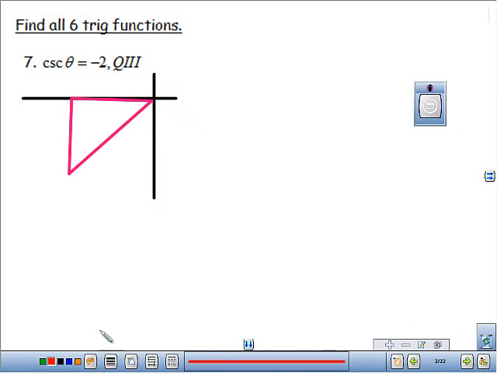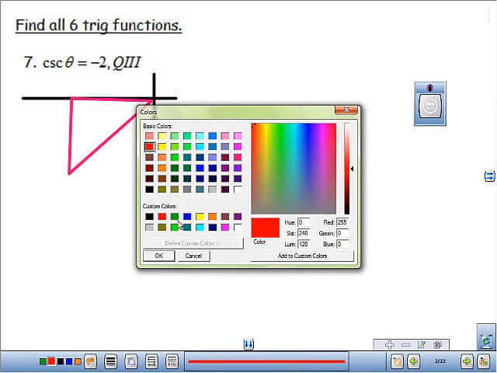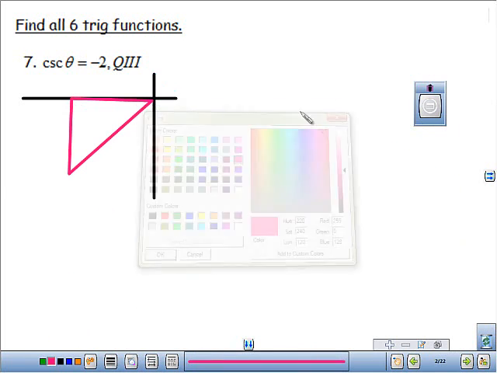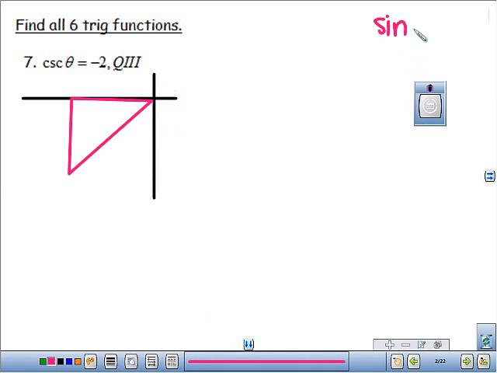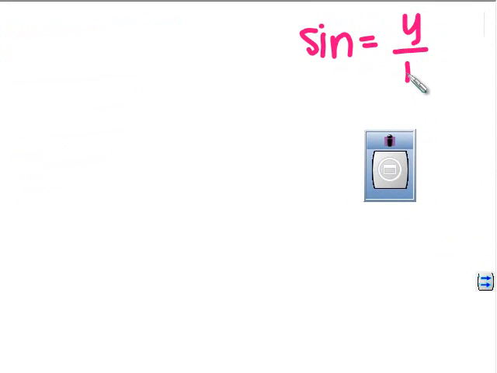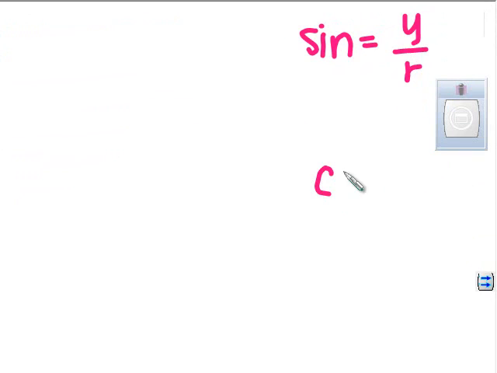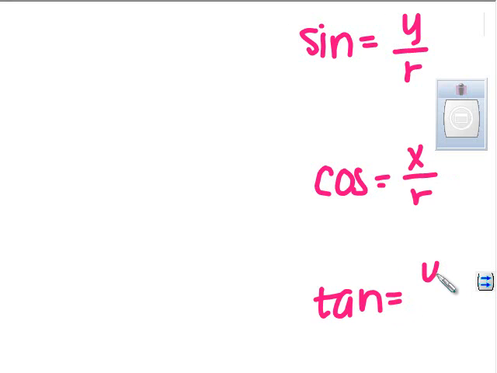Then I'm going to put a little reminder over here for you, reminding you that sine's ratio is y over r, cosine is x over r, and tangent is y over x. So what's given to us is cosecant, and that's the reciprocal of sine.